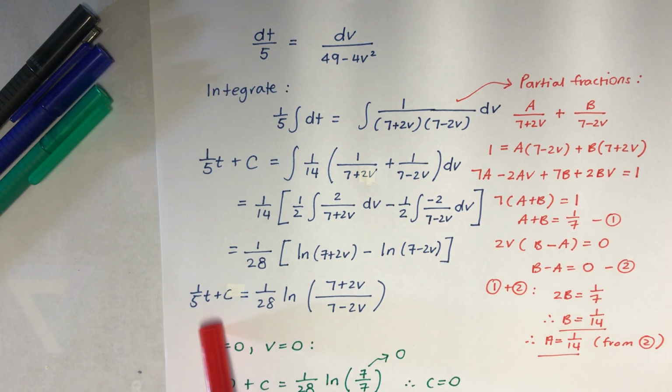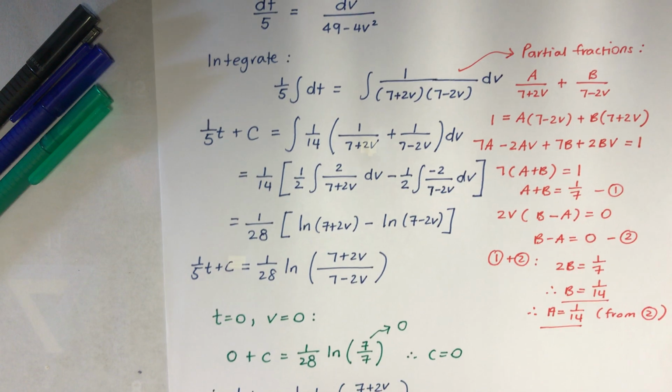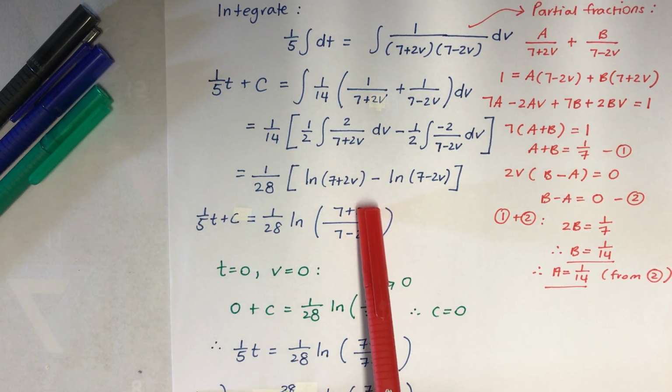I already integrated the left hand side, which is 1 over 5 t plus a constant. You can have the constant this side or that side, it doesn't really matter, but it's easier on this one. And 1 over 28 ln, because this is negative, you can write it as a fraction, which is the division.